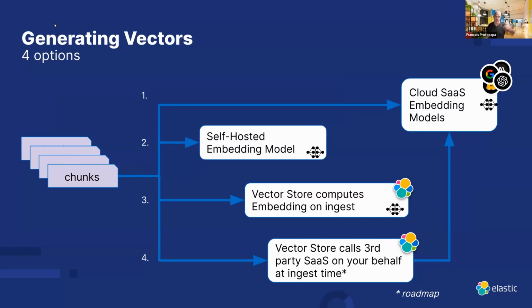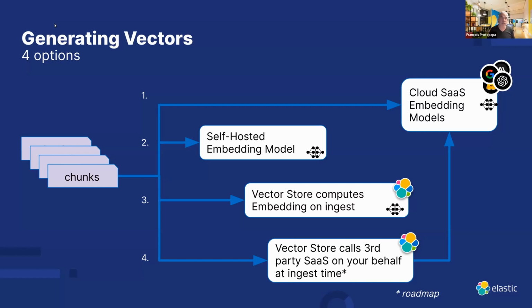The first one: after the chunking, you can apply an embedding model hosted outside or hosted by a third-party solution as a SaaS solution, until you convert your chunk into a vector.